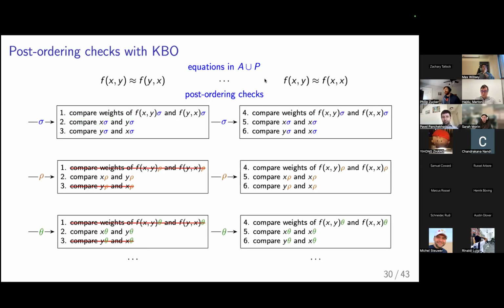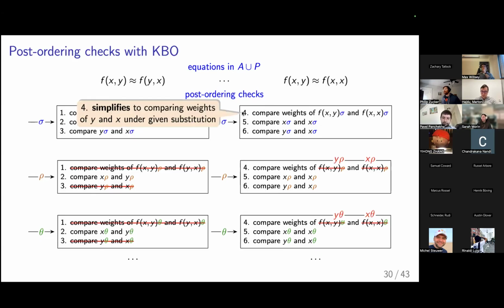And as before, when we look at this second equation, this will also have some corresponding post-ordering checks. And these are also very similar because of the structure of these equations. And we can do similar things. For example, when we look at the weights of f of x y and f of x x under the given substitution, we see that there is an occurrence of f here and an occurrence of f here.